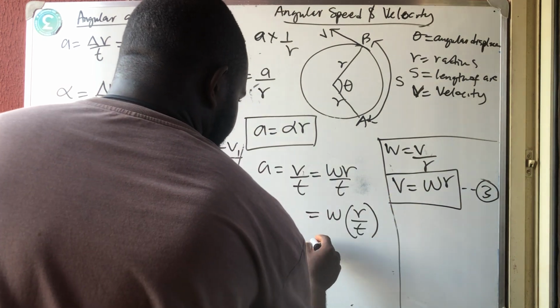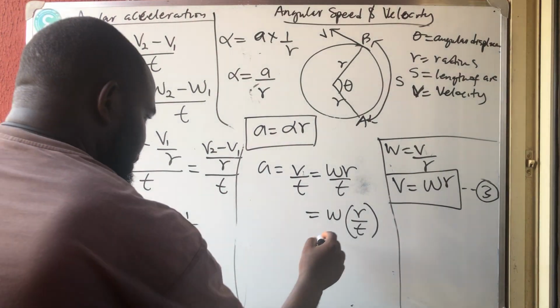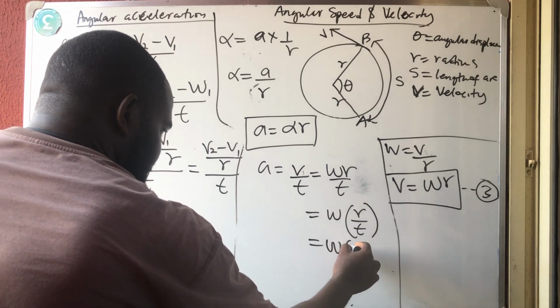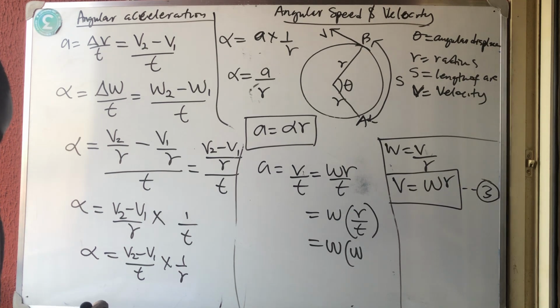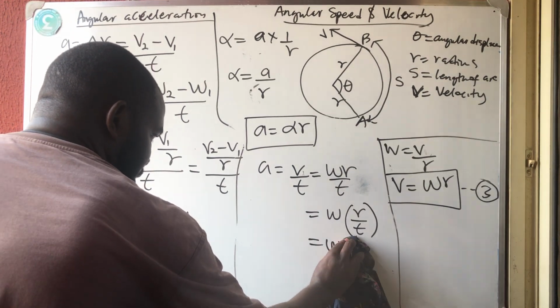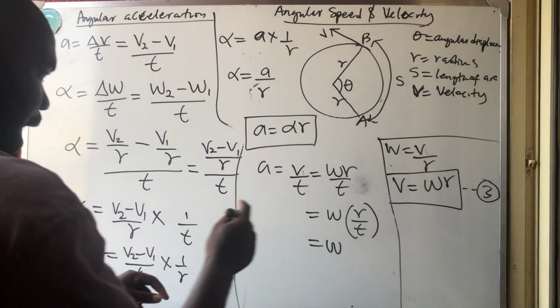So therefore, W bracket R over T means omega times R. R over T is velocity.